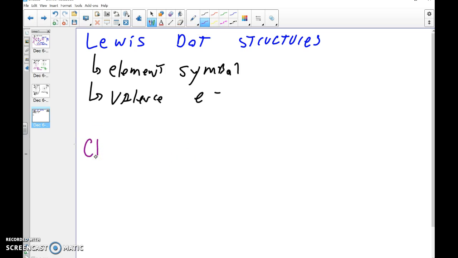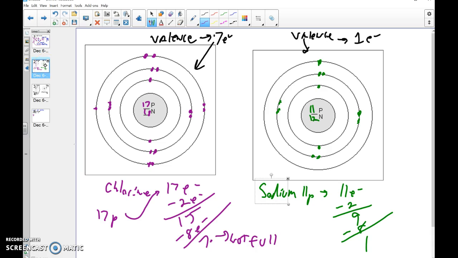I would write the element symbol, and I would imagine that there is a box around the atom. And I would write 1, 2, 3, 4, 5, 6, 7. I put 7 dots around chlorine because if you look here, chlorine has 1, 2, 3, 4, 5, 6, 7 valence electrons.